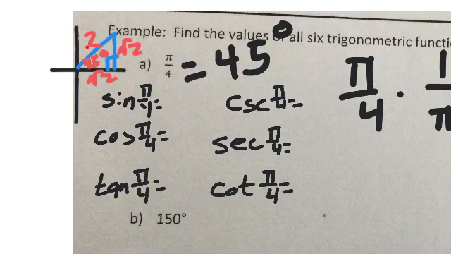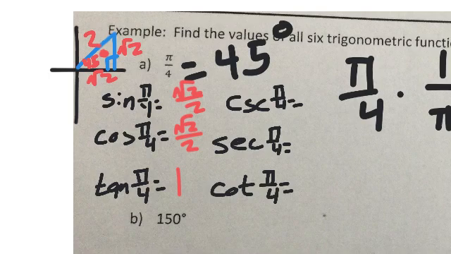Sine is the opposite over the hypotenuse, so that's going to give me radical 2 over 2. Cosine is the adjacent over the hypotenuse, so it's also going to be radical 2 over 2. Tangent of pi over 4, that's going to be the opposite over the adjacent. So that's radical 2 over radical 2, which simplifies to just give me 1.